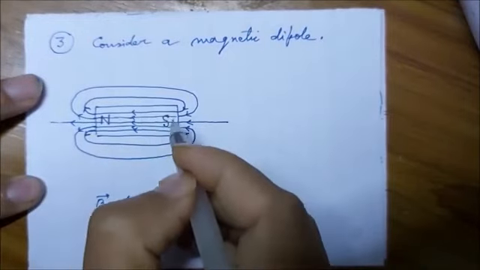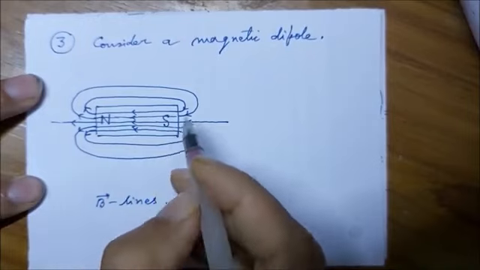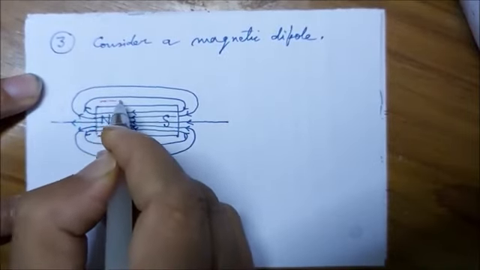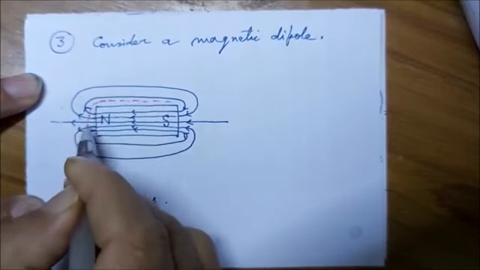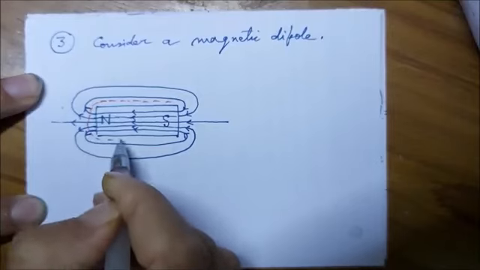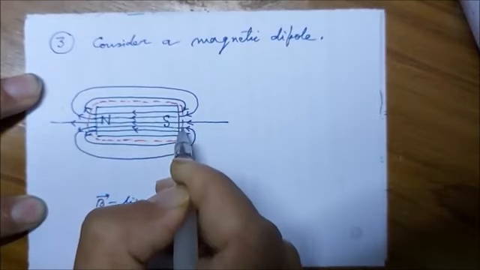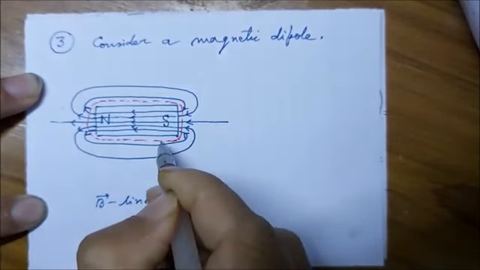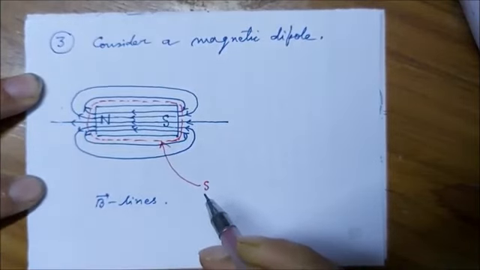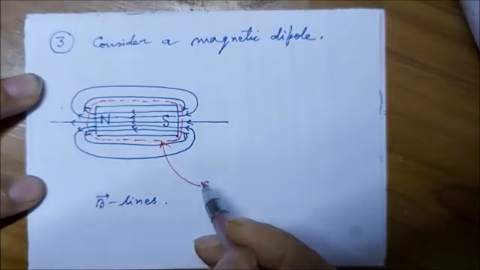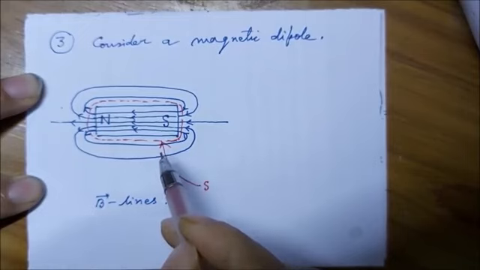Let us enclose this magnetic dipole by a closed surface. So this is the closed surface which we have considered, and let us move over the closed surface to investigate how many lines have entered the surface and how many exits are there.